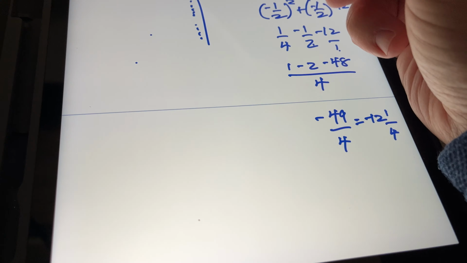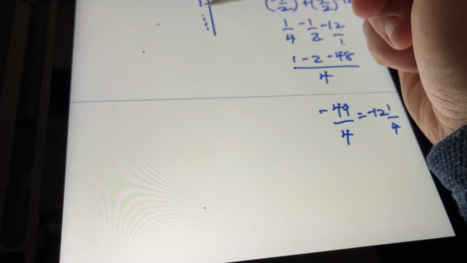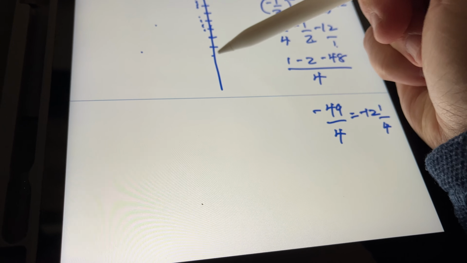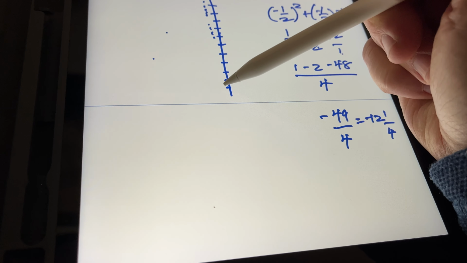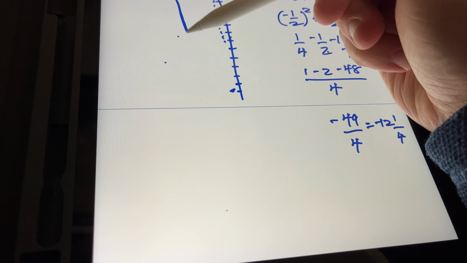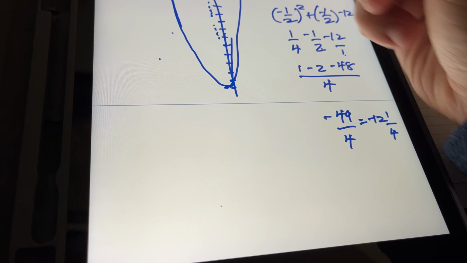So that lets me know that down here, 1, 2, 3, 4, 5, 6, 7, 8, 9, 10, 11, 12, and 1/4, somewhere down here, this parabola is going to look something like this.